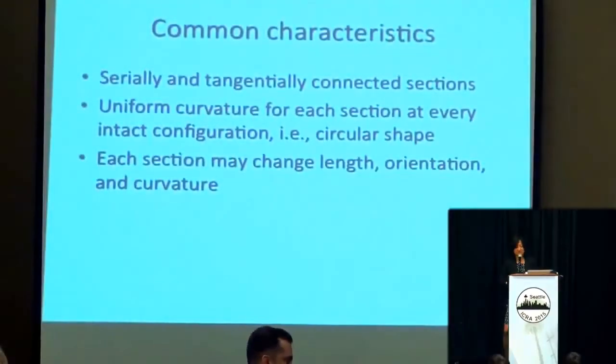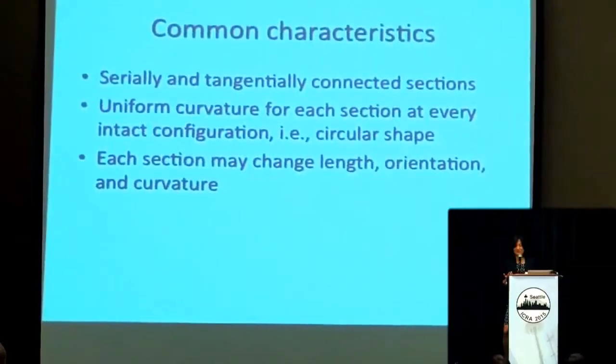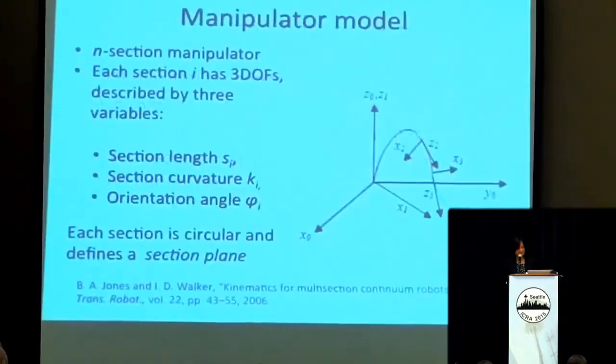Each manipulator consists of serially and tangentially connected sections. Each section has a uniform curvature at every intact configuration, that is, if it's not deformed by contacting objects. So the section can be considered circular, and each section may change its length, orientation, or curvature, but depending on different designs, some of these parameters may be constant.